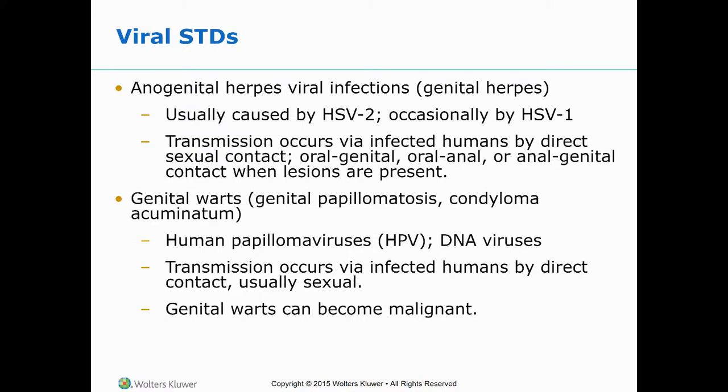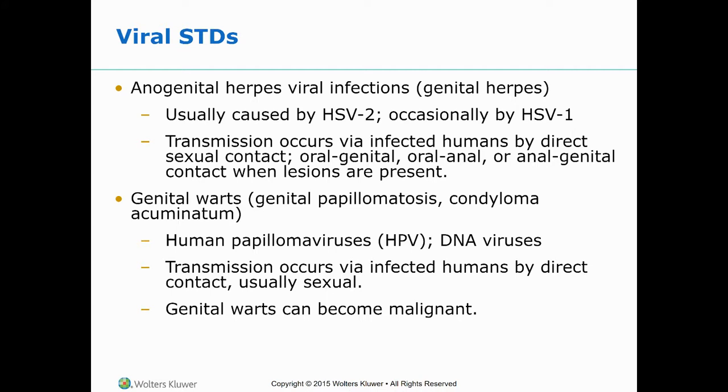Okay, so you can also have some viral STDs. Genital herpes is an example of that. It's caused by the herpes simplex virus type 2 and usually occurs through sexual contact. Most of the time when you're talking about any type of herpes, you need direct contact. Genital warts occur with the human papillomavirus, HPV.